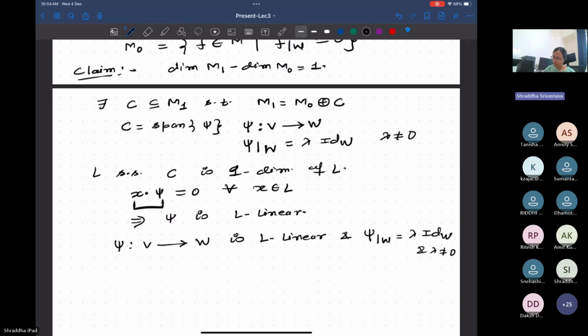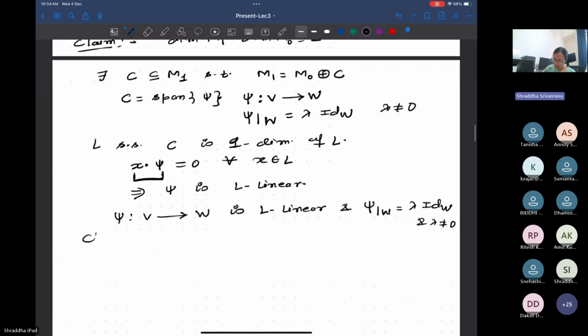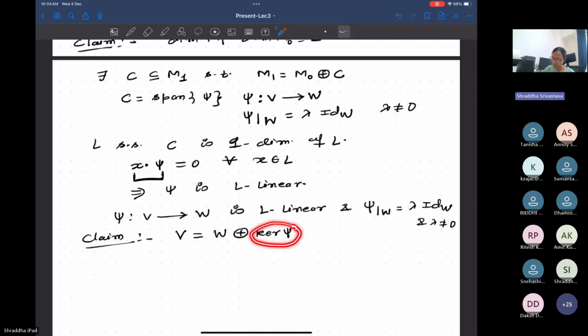Given this much, you can easily prove that V is actually the direct sum of W and the kernel of psi. Since this map psi is L linear, the kernel of psi will also be a sub-representation of V. For an arbitrary linear map, this may not be the case, but since psi is L linear, this is true. So we have completed the proof of Weyl's theorem in full generality.